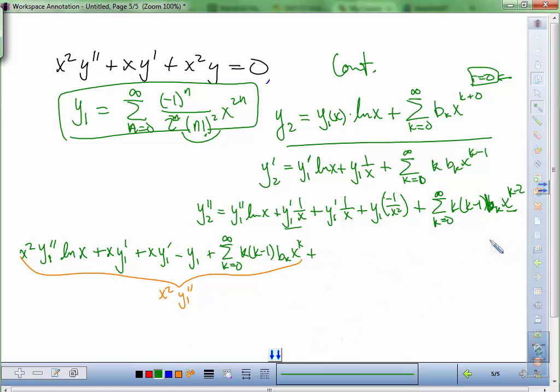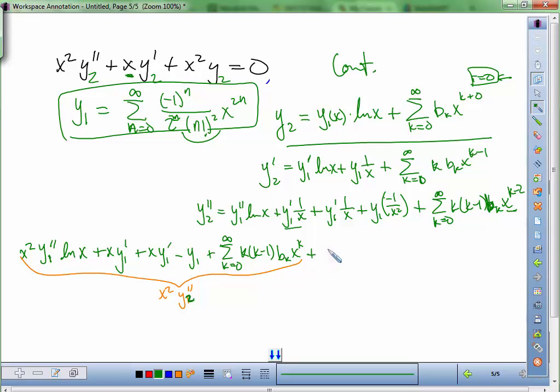All right. Now let's multiply this y2 prime with x. Yeah, we're putting the y sub 2. These are going to be y sub 2s technically. Oh, yes. All right, now let's multiply this by x.